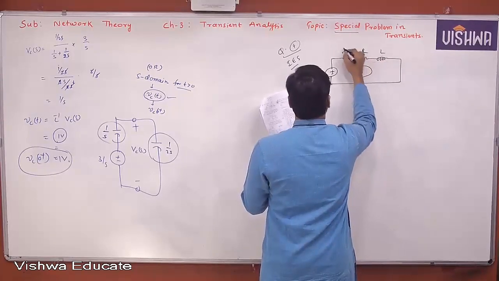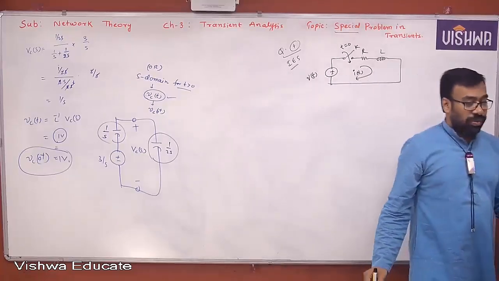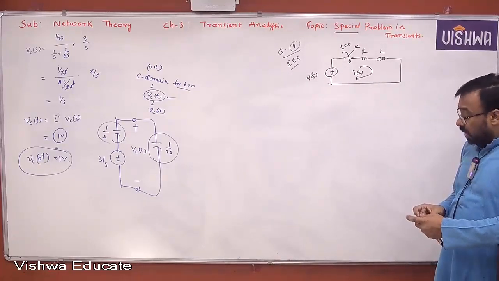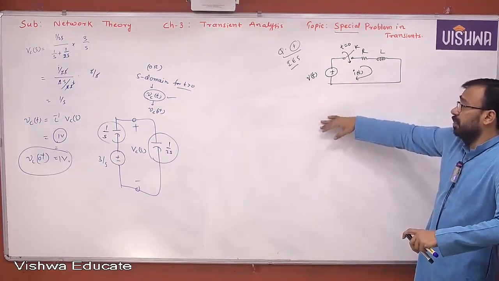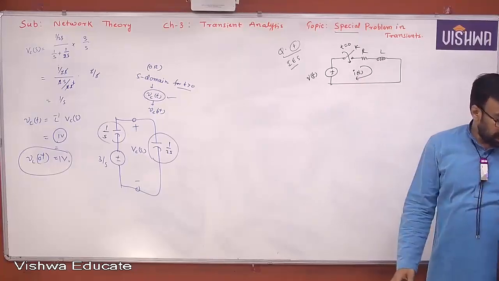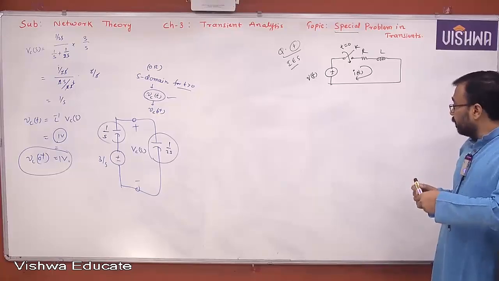Very simple question. The circuit was initially relaxed and now you are closing the switch at t equal to 0. Now what could be the maximum current? When does it flow? When V of t is a step function, impulse, ramp, or a step and ramp combination. Look at this, all of you.